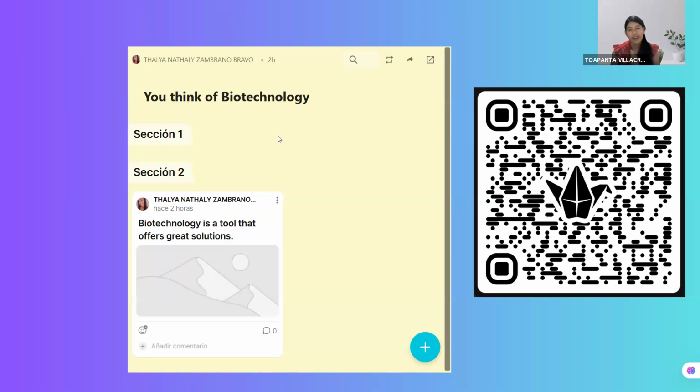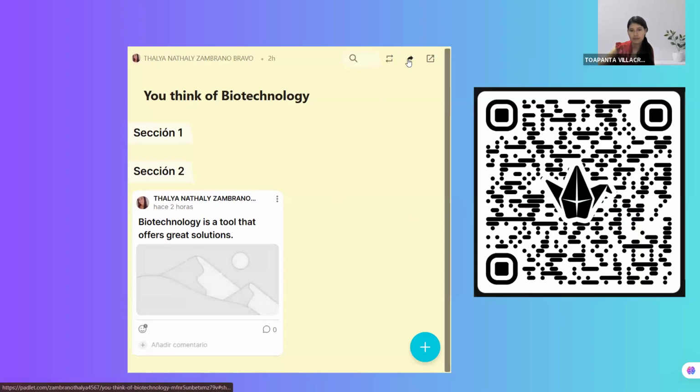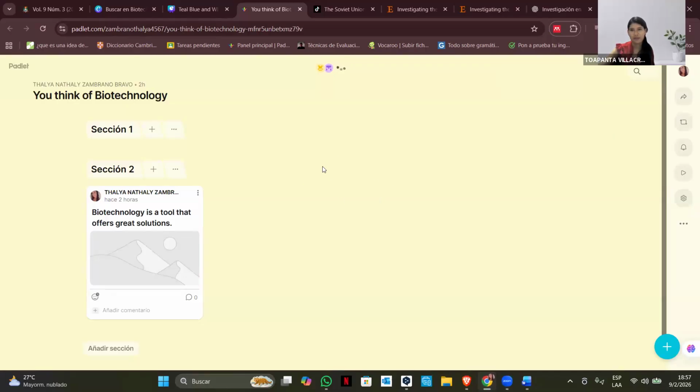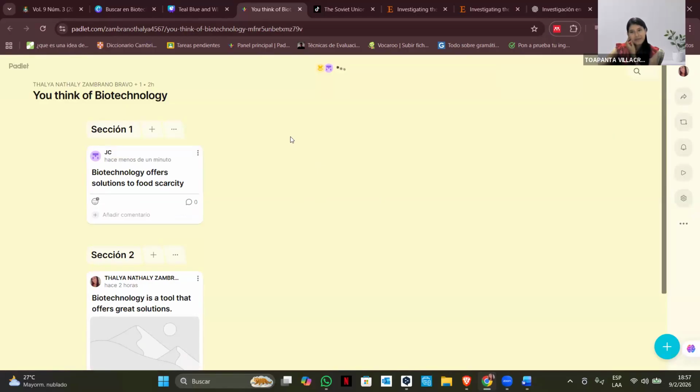We are going to write the spelling of one word and look up the meaning, and post it in the Padlet. Okay, thank you.